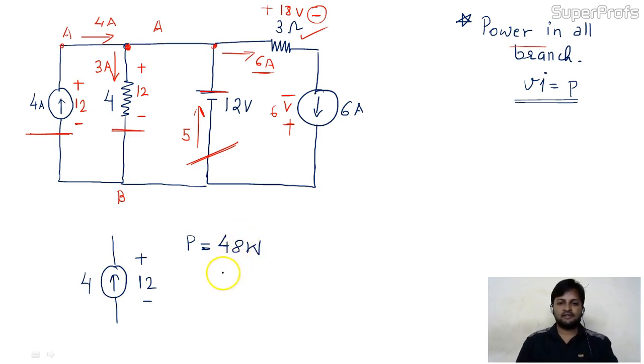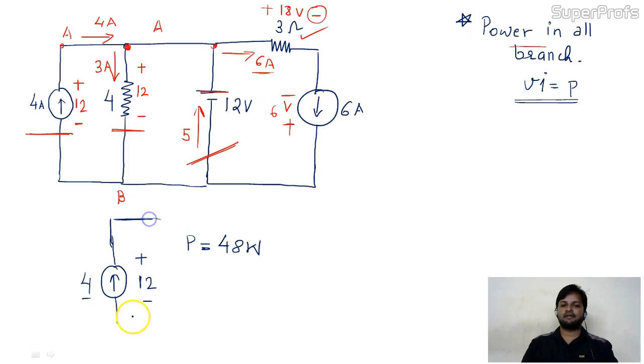Now we discussed already that power is always of two types, delivered power and absorbed power. So what about this? Is this power absorbed power or delivered power? See the direction of current. If instead of this 4 ampere source you only had a 12 volt battery, what will be the direction of current?